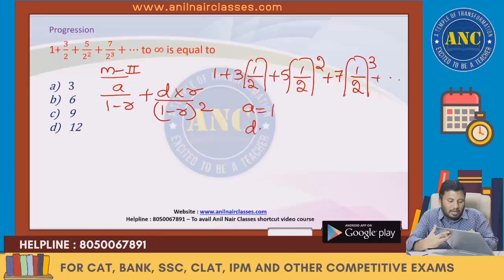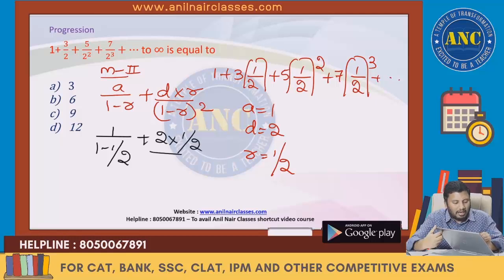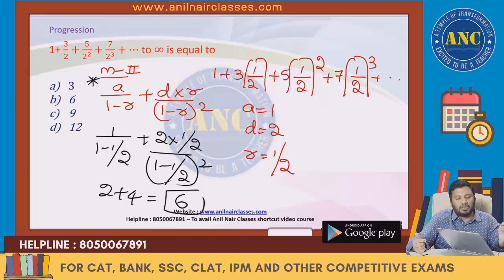Here a is 1, d is 2, r is 1/2. If I substitute it, a/(1 − r) + d·r/(1 − r)² is nothing but 2 plus 4, which is nothing but 6. In case you are good in formulae, use this method number 2.